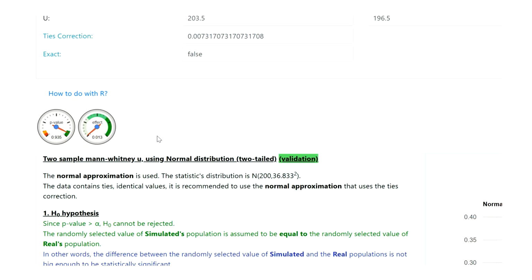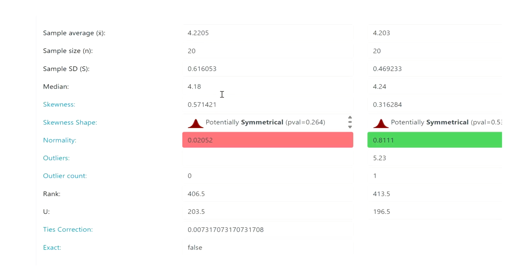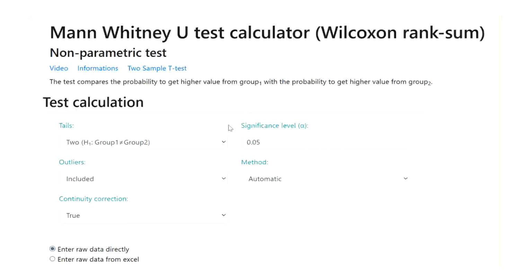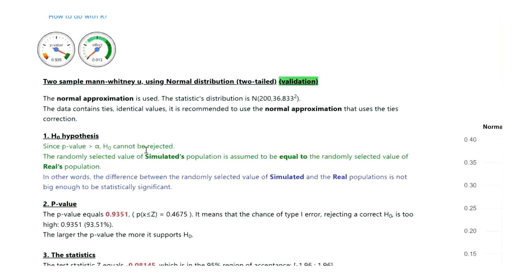And now what we need to catch up on is how to use this p-value to make the conclusion about validation results. Here is a short description, and the description says that if a p-value is higher than alpha, and alpha is what we have provided here, the significance level, in this case we are not able to reject the null, sometimes called the main hypothesis.